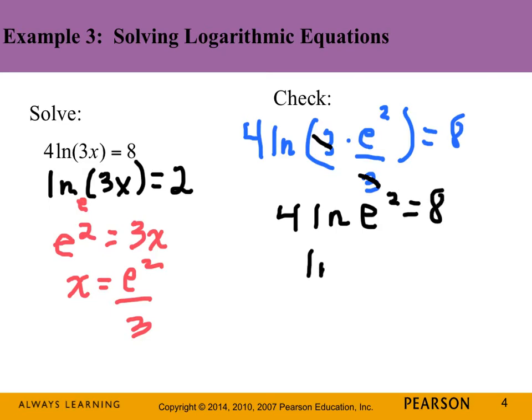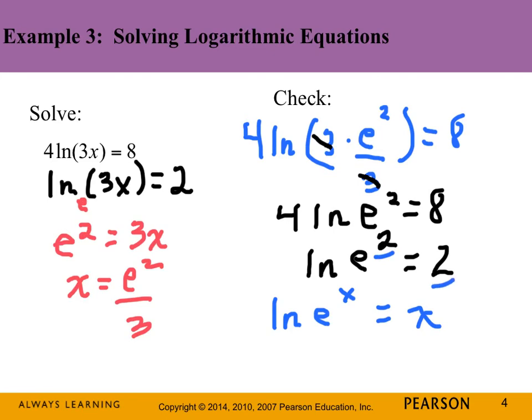The natural log of e squared equals 2. Now I want you to think about a property in an earlier lesson that said the natural log of e to the x will always equal x. Okay, so the natural log of e squared is 2. So yes, this solution, x equals e squared over 3, checks out.